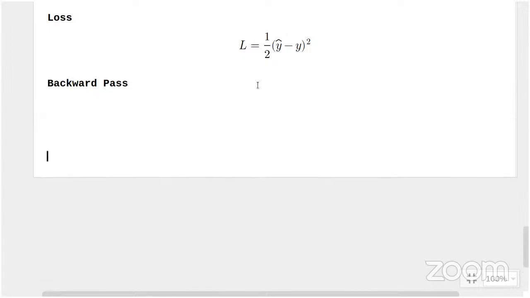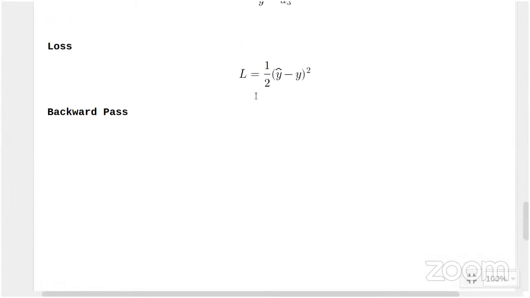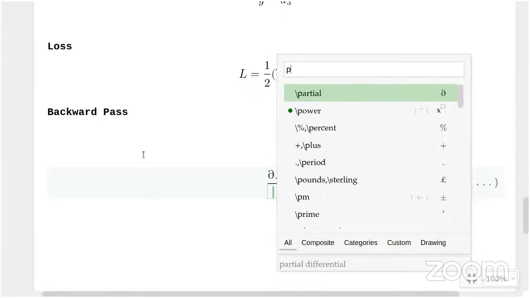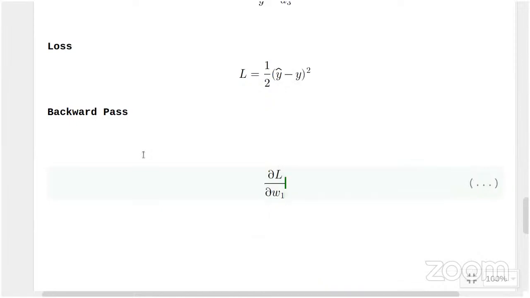So let me write down all the gradients that we need. We have 3 weights, W1, W2, W3, and also the bias.